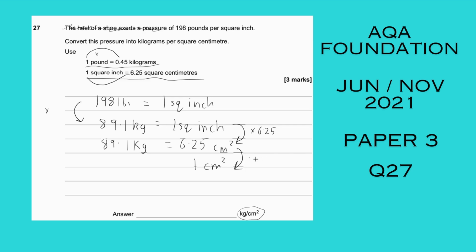So that's why ultimately we need to be dividing this 89.1 by 6.25. So again, reach for your calcs. 89.1 divide by 6.25. I'm getting 14.256 kilograms per centimeters squared.